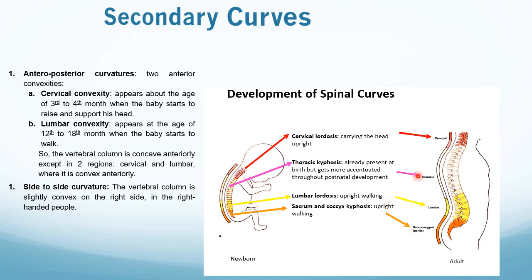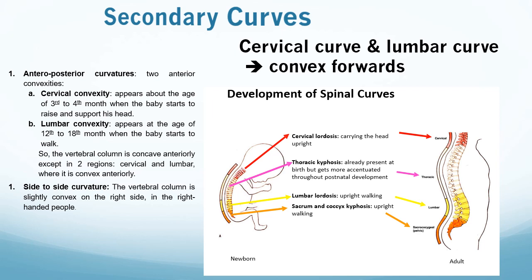This is the secondary curvature, seen from the anteroposterior view. Side to side curvature: the vertebral column is slightly convex to the right in a right-handed person. But if the vertebral column is tilted to one side with a large degree, this means a problem, and it is called scoliosis.